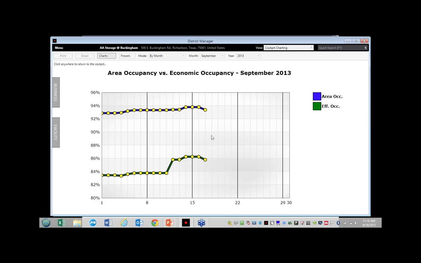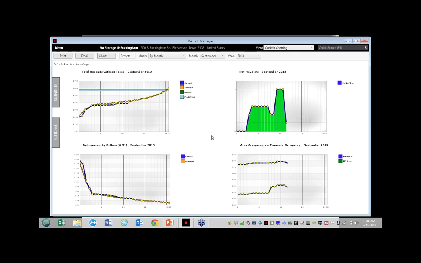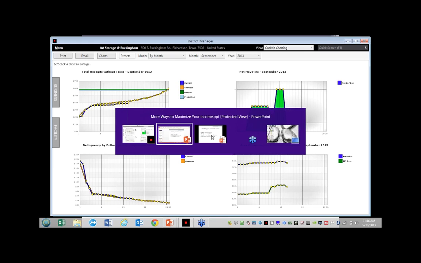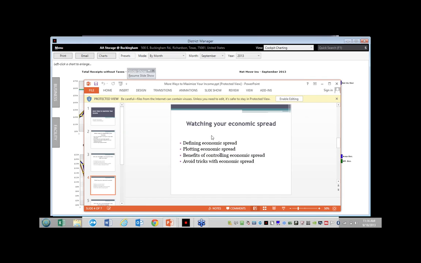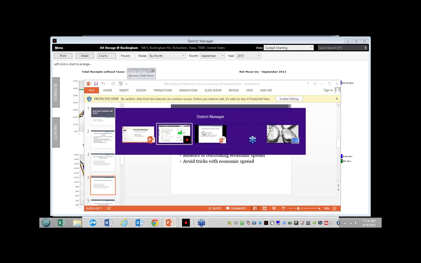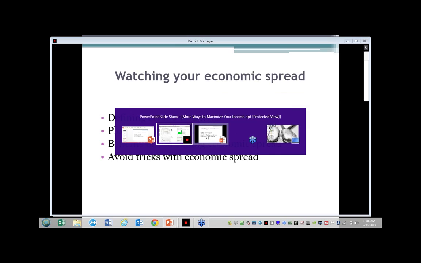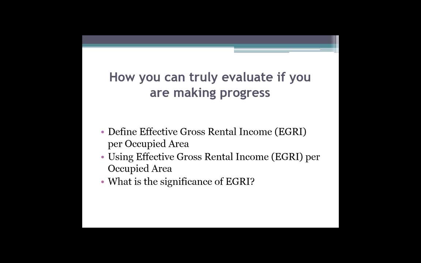Now to go back again and look at, get to the right tab here. There we go. How do you evaluate whether you're really making progress with a particular location or not, and how do you compare it with the other stores?